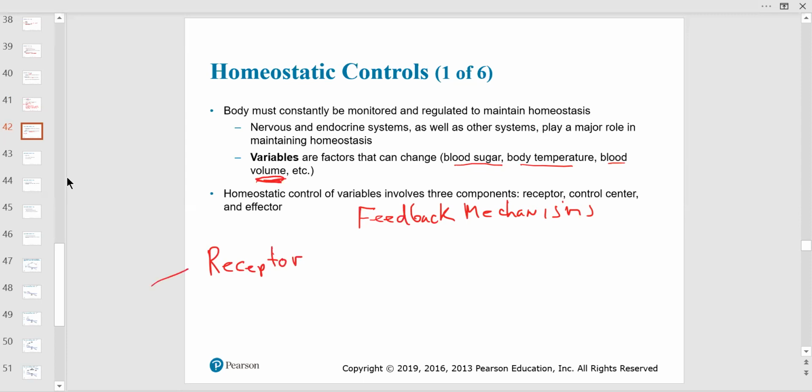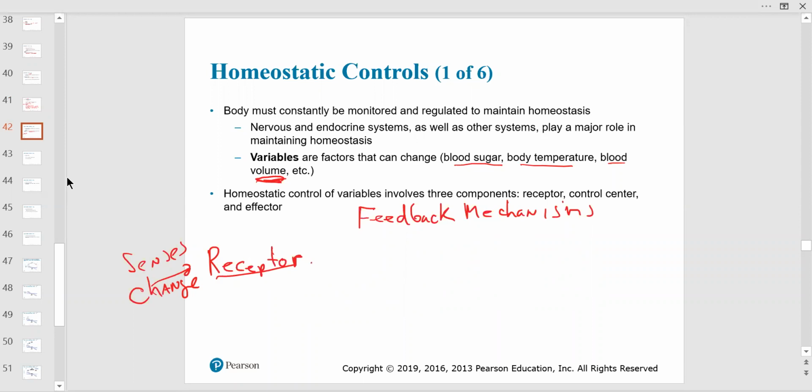So the receptor senses a change in homeostasis, like my blood pressure dropping, my heart rate decreasing, or my blood sugar increasing out of homeostatic range. But it's a change in homeostasis that the receptor senses.